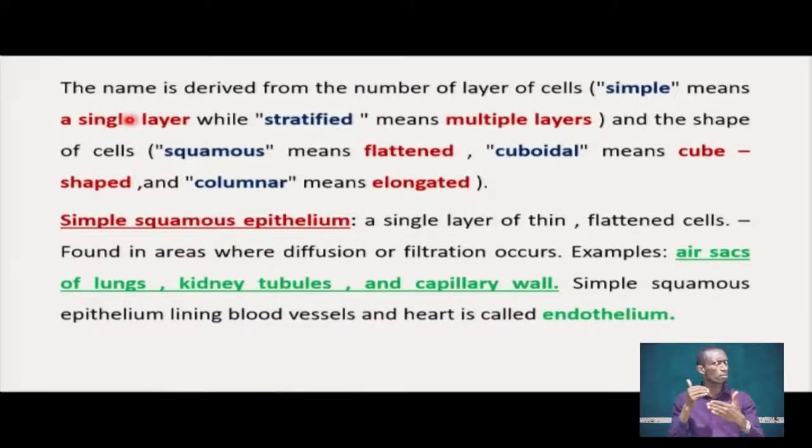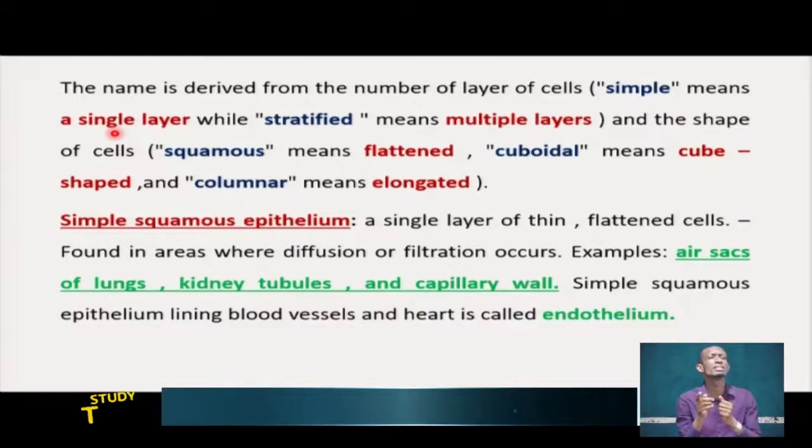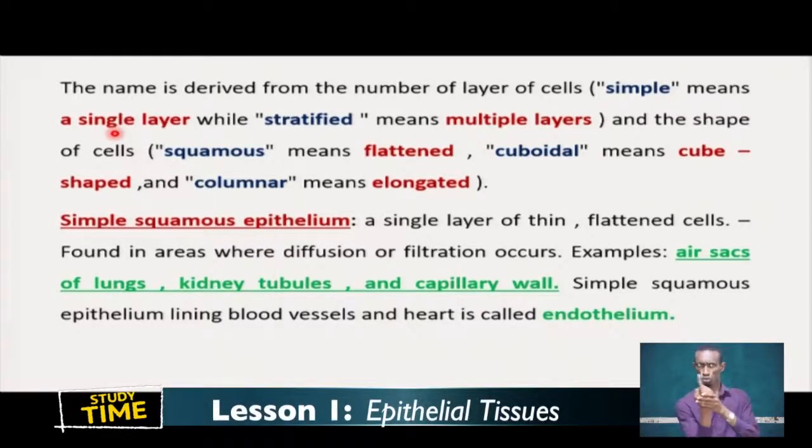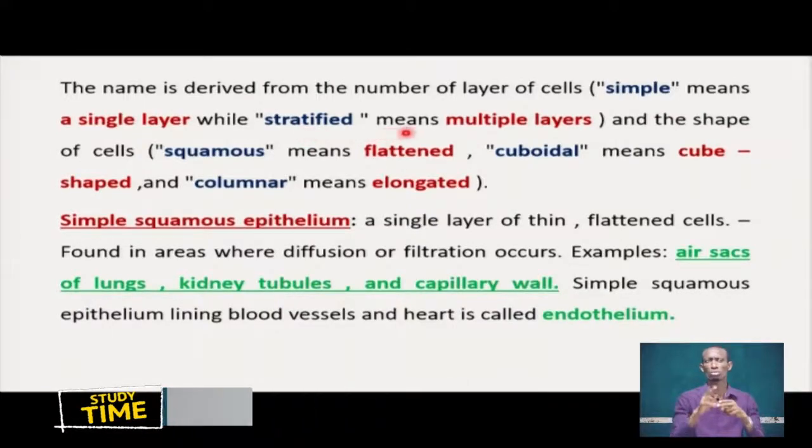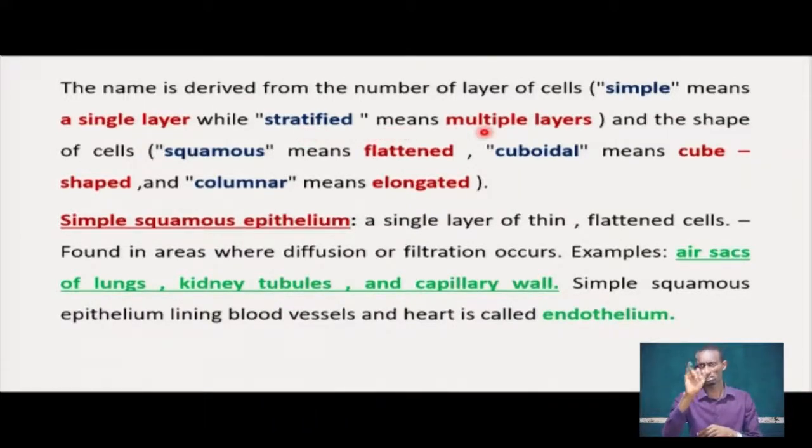Before we continue, let us understand some of the simple terms we are going to meet. There is the word simple, which means single layer. Where you see the word simple, just understand it is a single layer. Then when we meet the word stratified, just know that it means multiple layers.